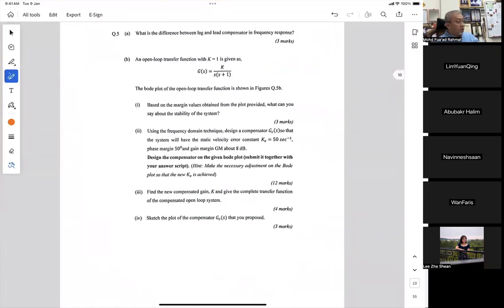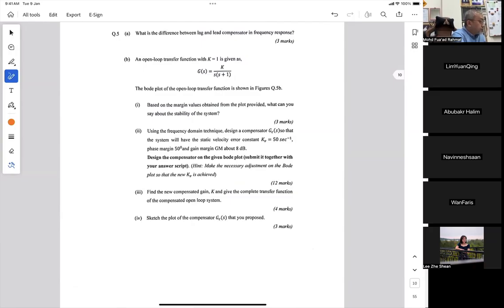Please, question 5. What is the difference between lag and lead compensator in frequency response? An open loop transfer function with K equals 1 is given as G(s) = K over s times (s plus 1). The Bode plot of the open loop transfer function is shown in figure Q5b. Based on the margin values obtained from the plot provided, what can you say about the stability of the system?